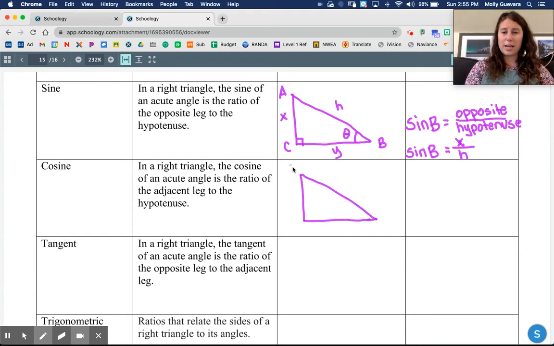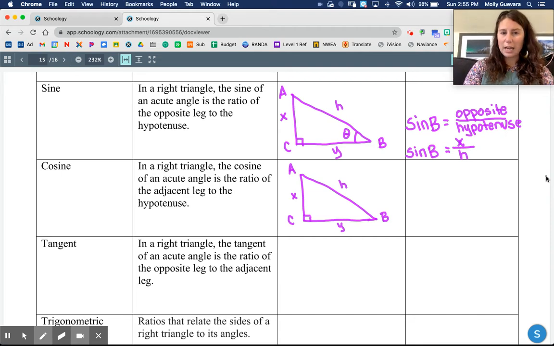Okay? Let's say I have this same triangle. I'm going to draw the exact same triangle, A, B, C. Here's my right angle. I'm going to call my legs X and Y, and my hypotenuse H again. Cosine, remember this is just the name of it.